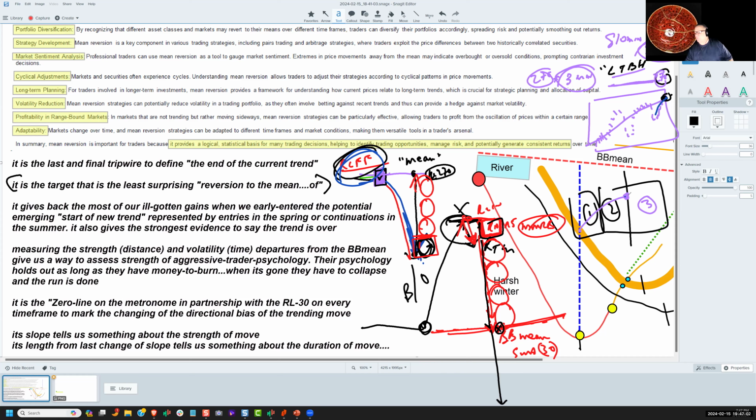Now, in that moment, both the RL270 and the RL10 agree that that's the fair price. The traders think that's the fair price because they moved it from here to there. And the RL270 thinks that's the fair price.